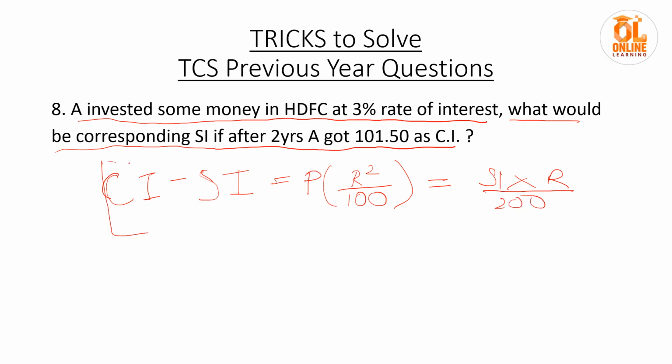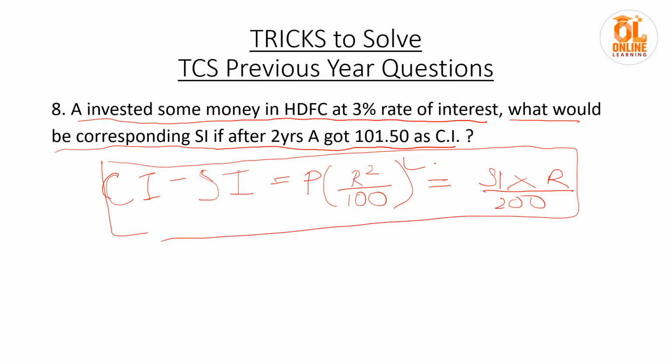Remember both the formulas. In some questions you will require this formula, in some questions you will require that formula. But remember, it is only applicable for 2 years. Here it is given 2 years, so we can apply this. Now just put the values.